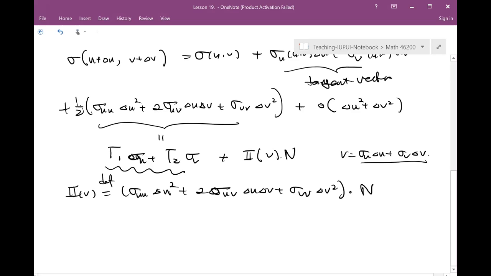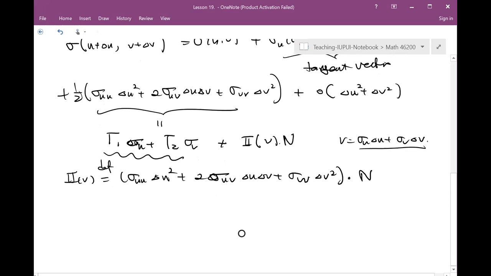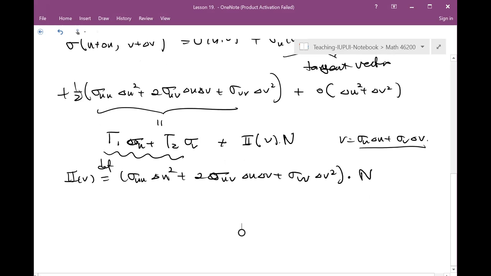My notation may be slightly different, but it's clear. We understand the second fundamental form very well, so we're trying to understand this part.